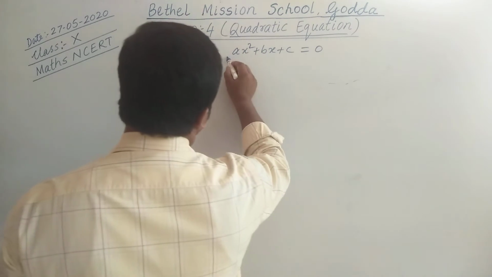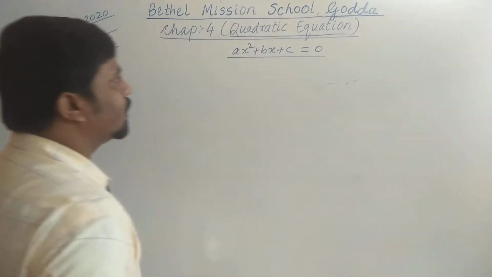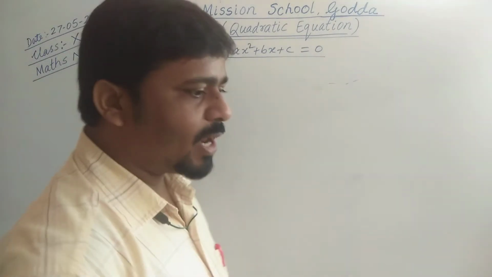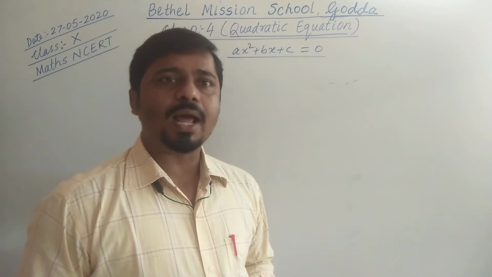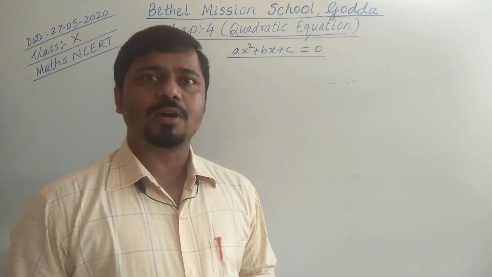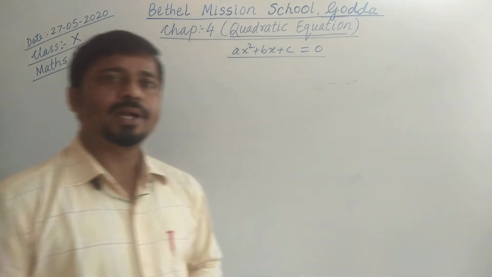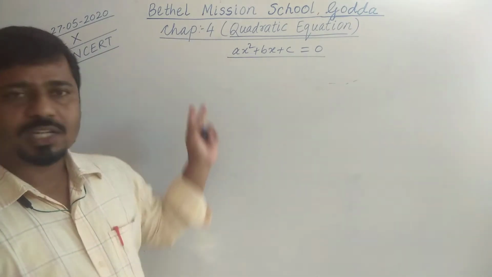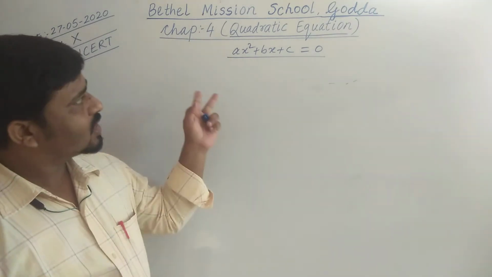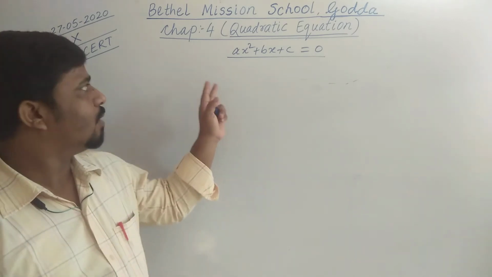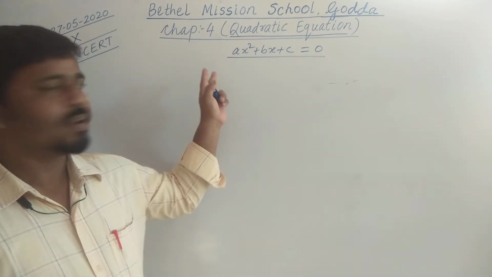So this is the quadratic equation. For finding the quadratic formula, here we will apply the method of completing the square. You will see step by step when I find the formula.